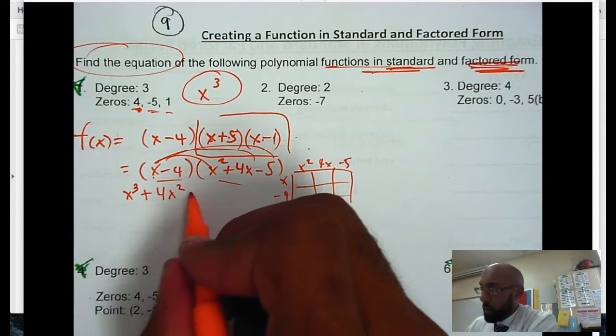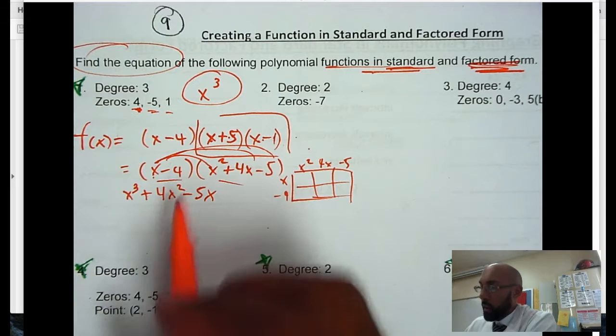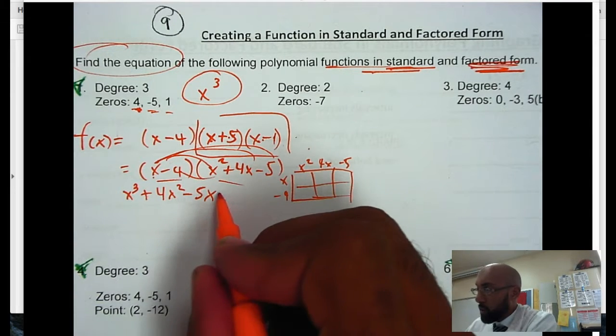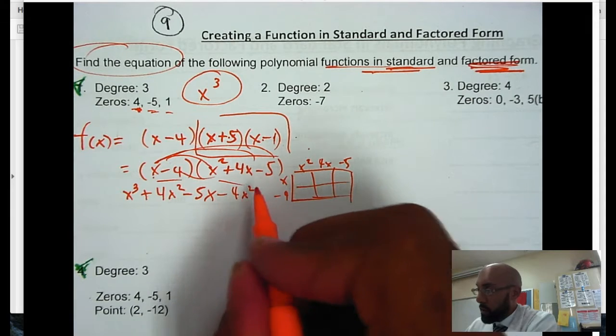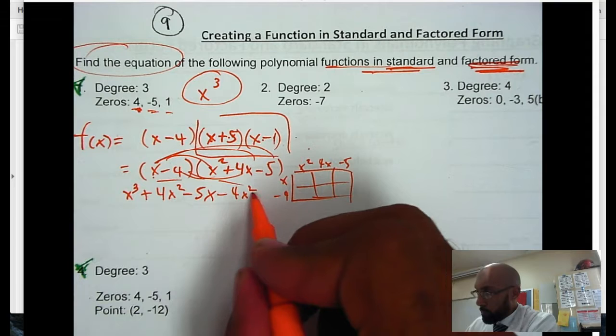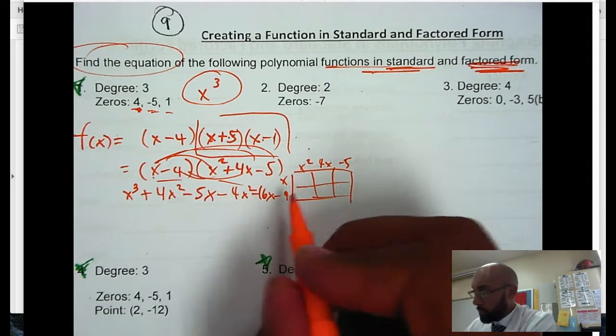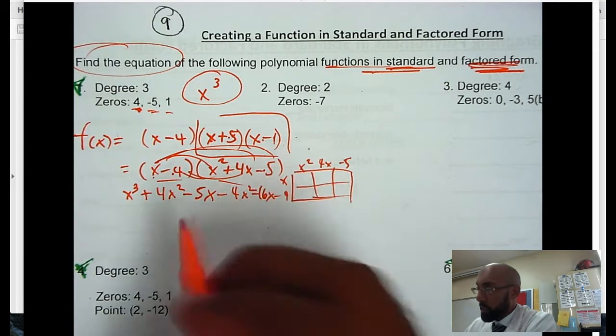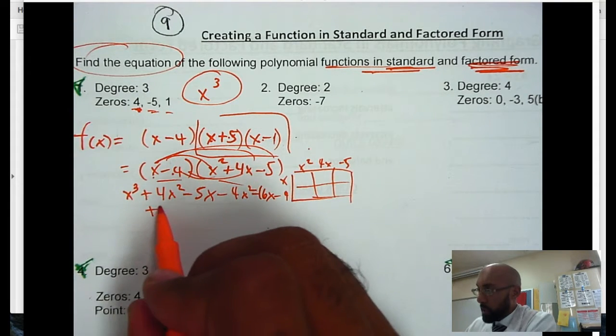X times minus 5, minus 5x. Then what I have to do is distribute the 4 now. So first the 4, minus 4x squared. And then to the other, 4x, minus 16x. I'll just bring it down. Then minus 4 times minus 5 is plus 20.